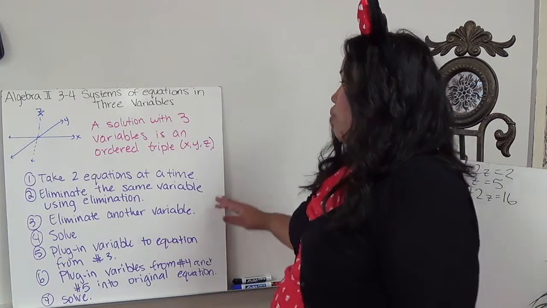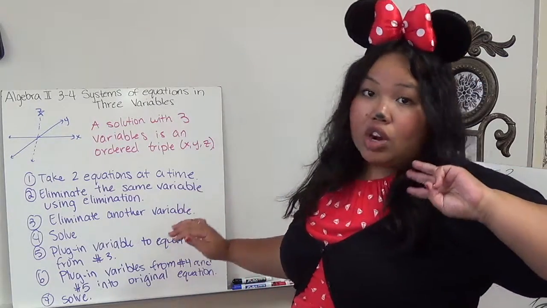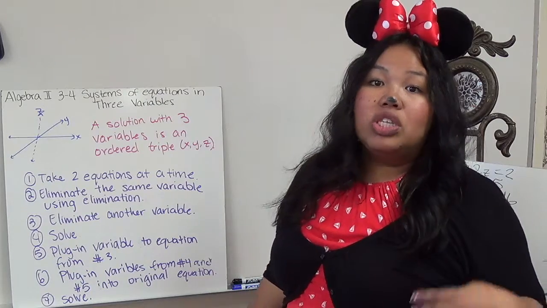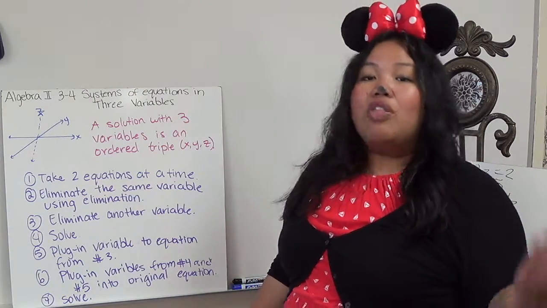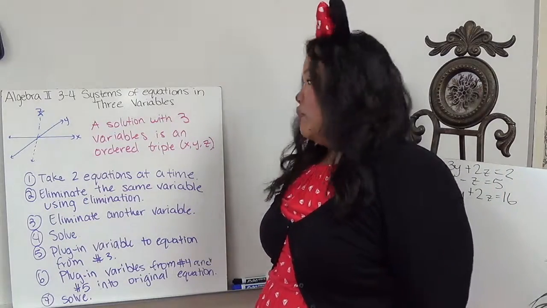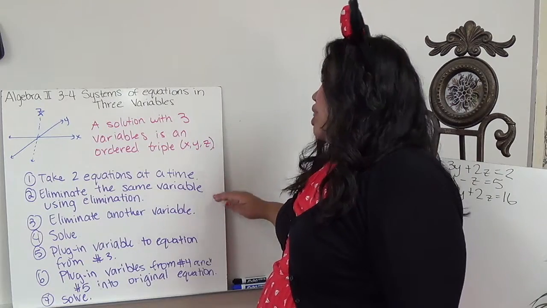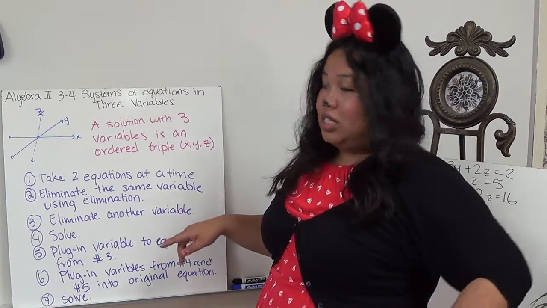So our steps are, we're going to take 2 equations at a time. You're going to be given 3 equations, and our goal is the same as with 2 equations. We're trying to eliminate variables. We're just going to have to do more work in eliminating the variables to get it where we can solve, and then we're going to plug back in. We take 2 equations at a time and eliminate the same variable using elimination. That's why elimination is essential.